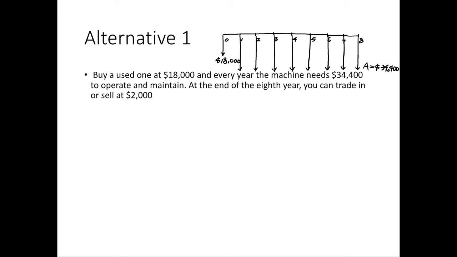At the end of the 8th year, you can trade in or sell at 2,000. So that's your receiving. It's an arrow going upward, and it's very short compared to the other cash flows. And it is 2,000.